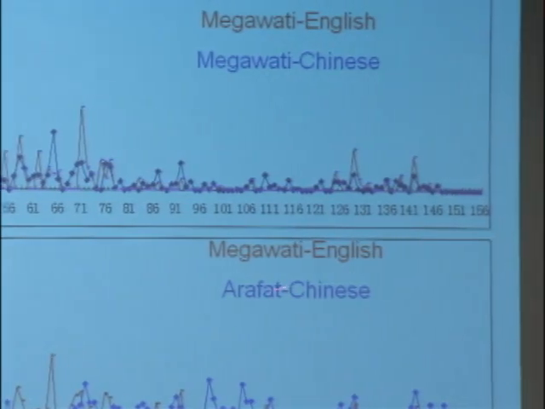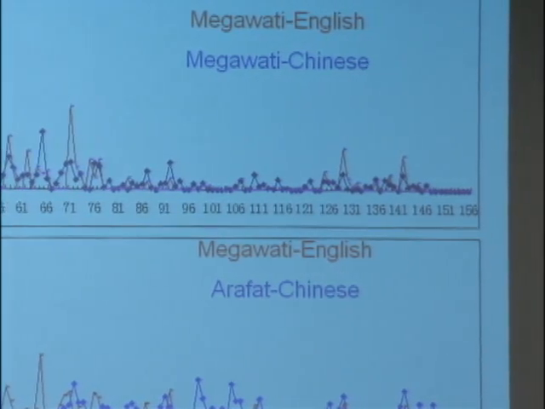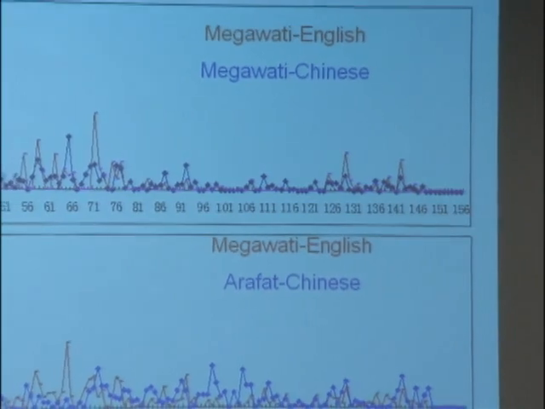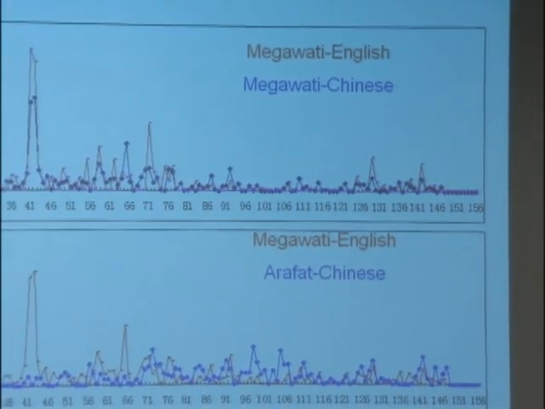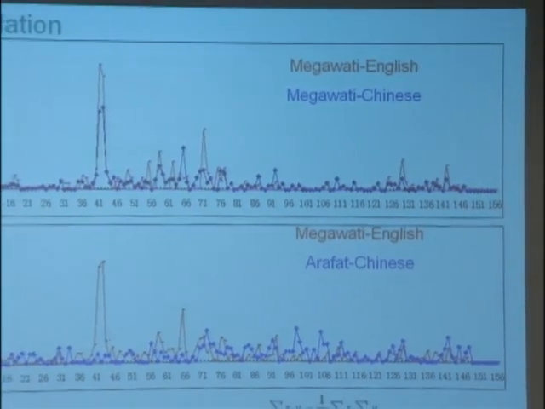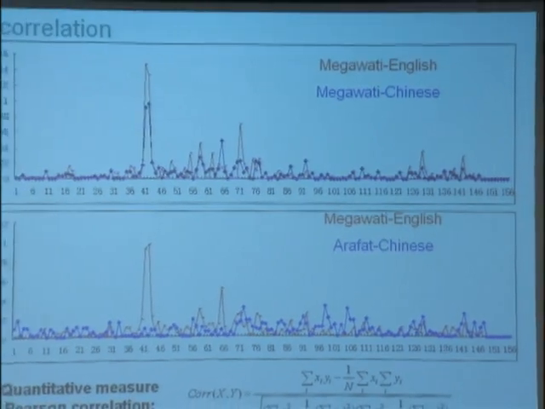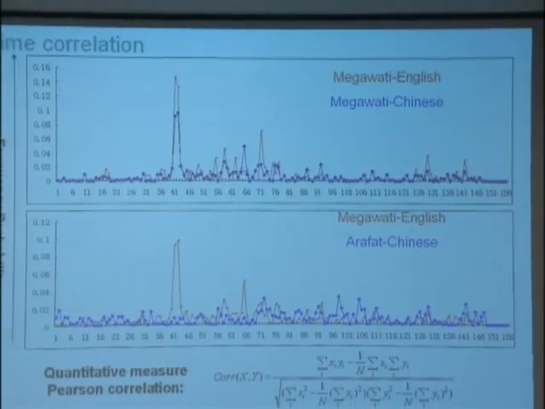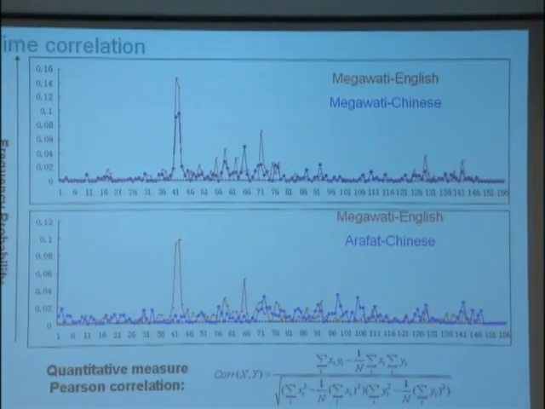Whereas if you take two things which are presumably unrelated, namely Megawati and Arafat, then you will expect to find very little correlation. That's in fact what you do find. Now, obviously, this is going to be a weaker kind of correlation than phonetic similarity. Presumably, other things that have to do with Indonesia are going to also correlate in a similar way.